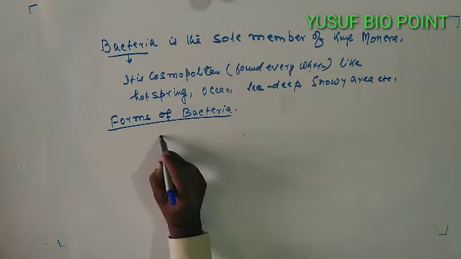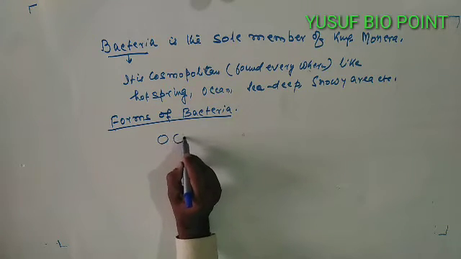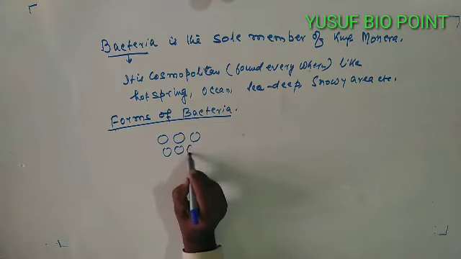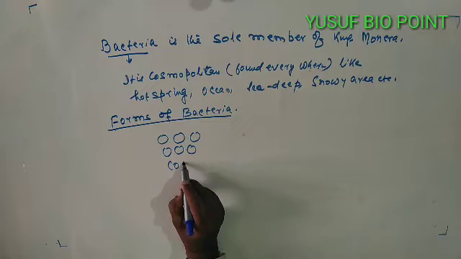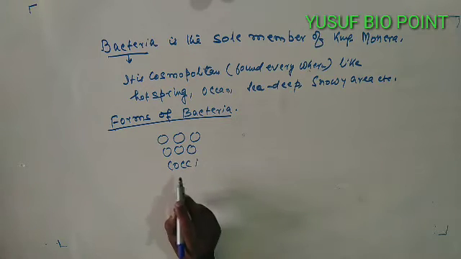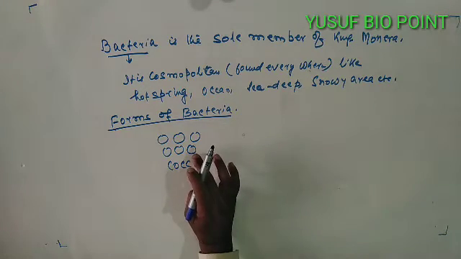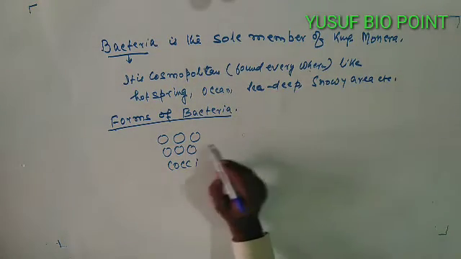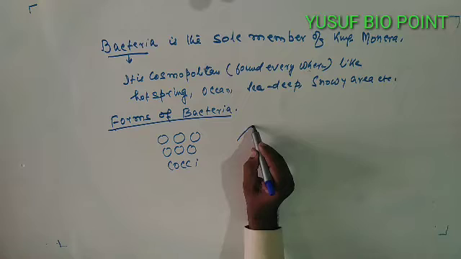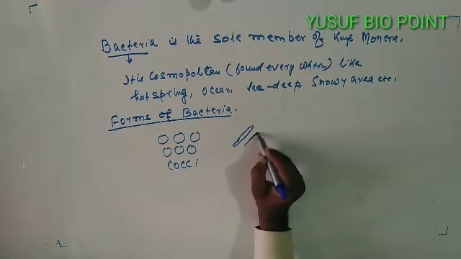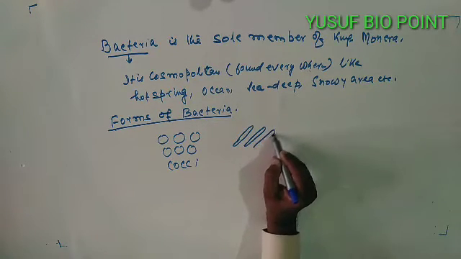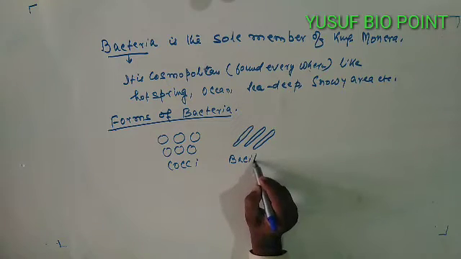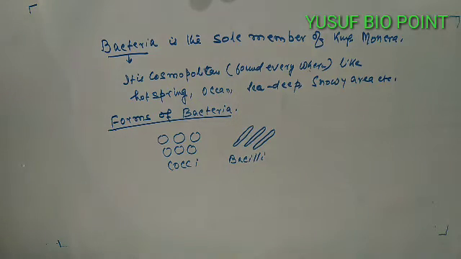Round shaped is called cocci, singular coccus, and the plural is cocci. Rod shaped is called bacilli, singular bacillus.